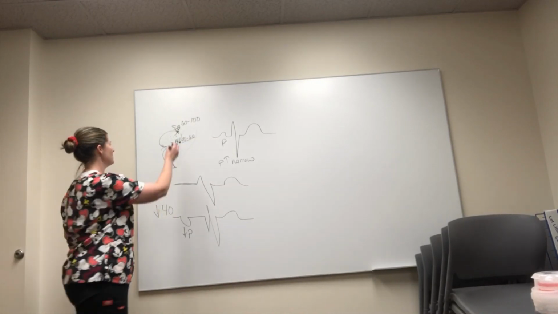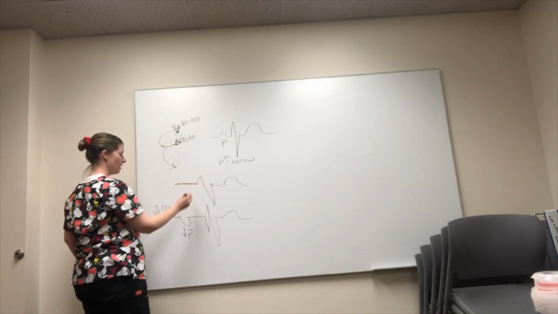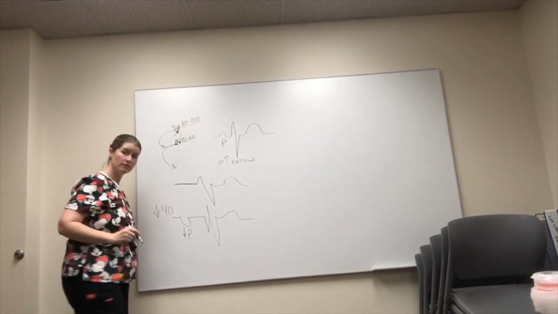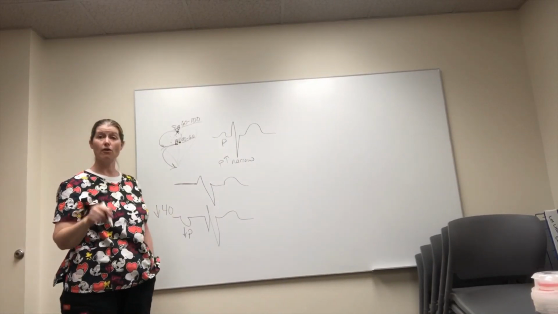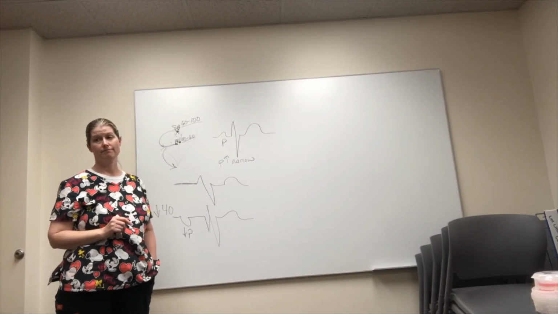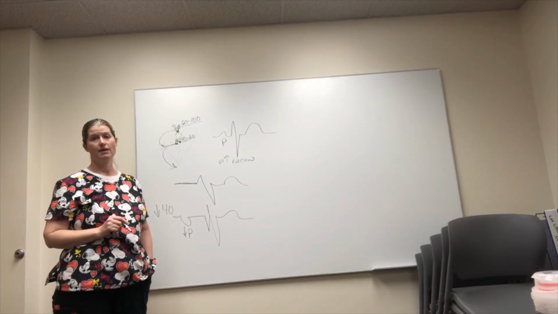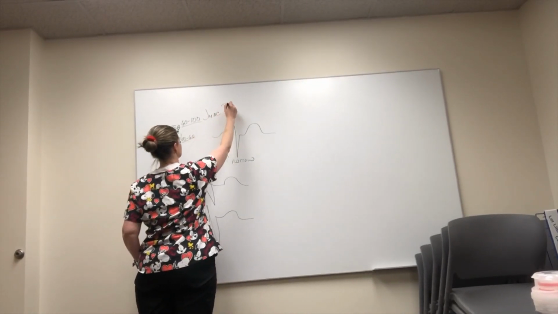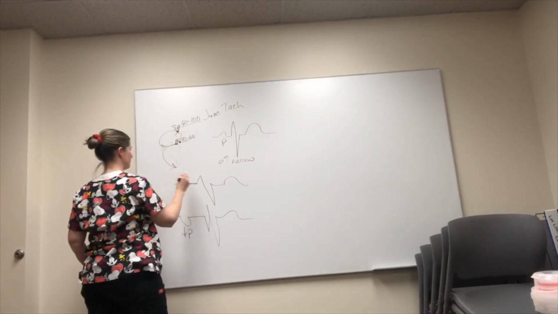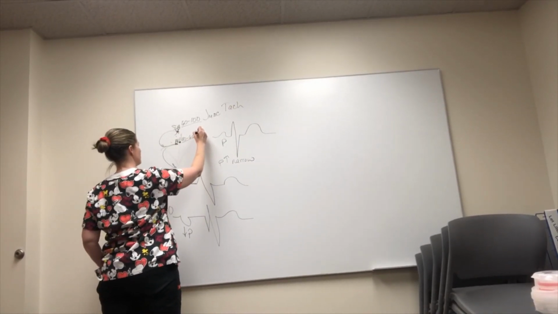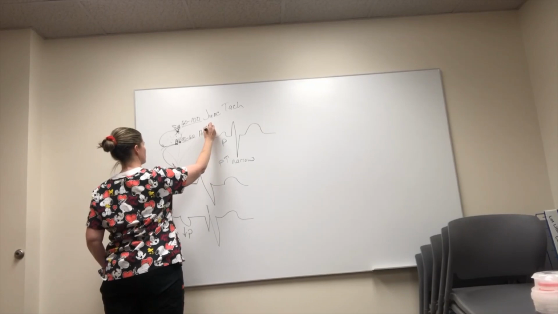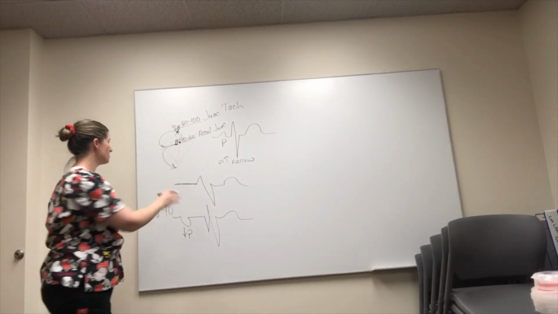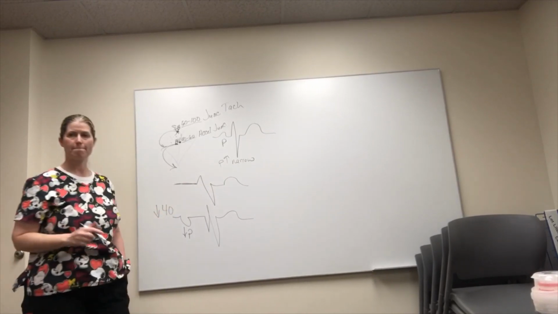And if you have no P wave or an inverted P wave and you have a rate of 60 to 100, then you have junctional tachycardia. This one is accelerated junctional. And then just junctional is really, really slow.